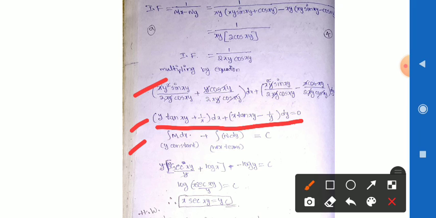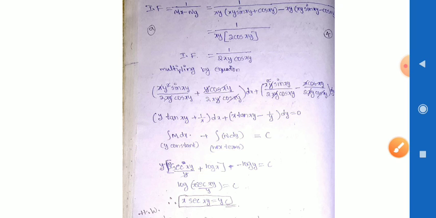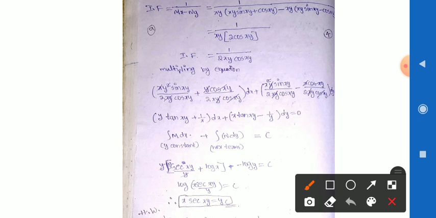By substituting the M1 value and N1 value and doing the integration, we get y is cancelled, sec xy + log x − log y = c. By simplification we get log(x sec xy / y) = c, that is x sec xy = y c, which is the general solution for the given problem.